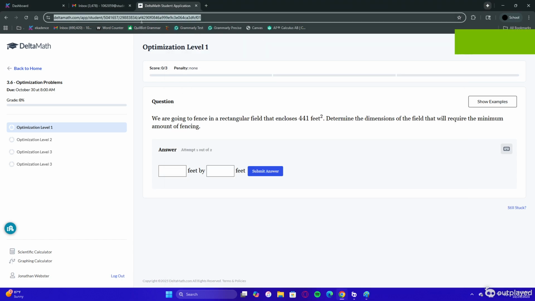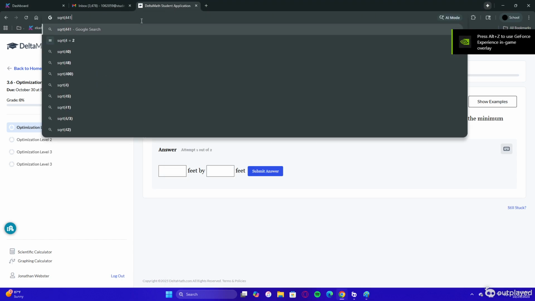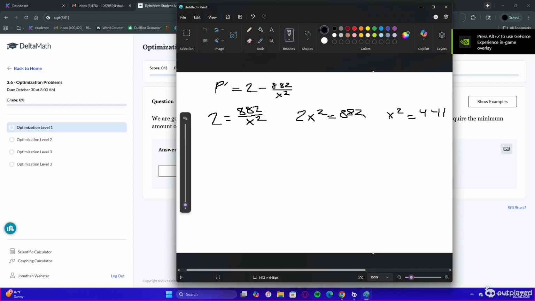So that means that x would be equal to plus or minus the square root of 441, which is just 21. And we can ignore the negative because we can't have a negative value, so it would just be x equals 21.